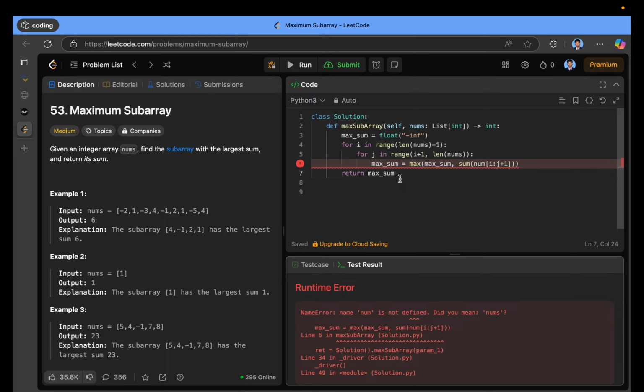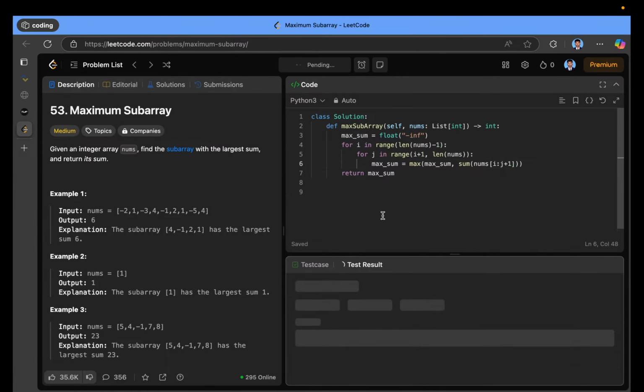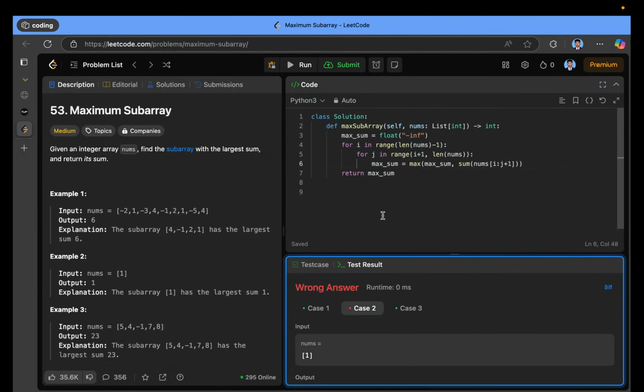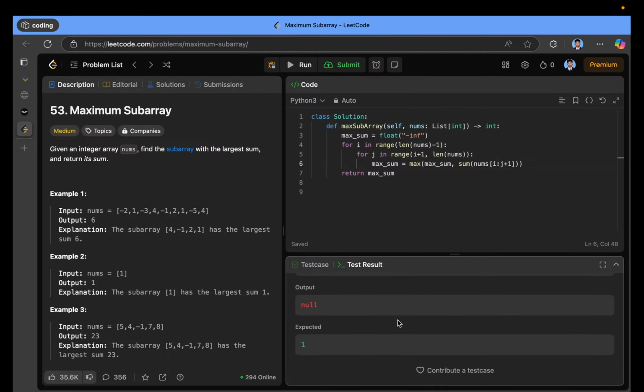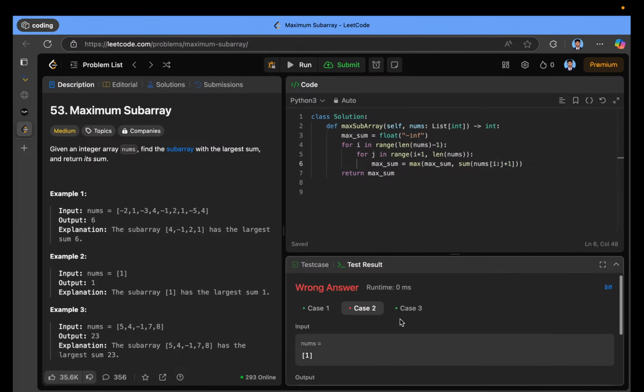Great. Now syntax. Again, great. Output null. Why null?